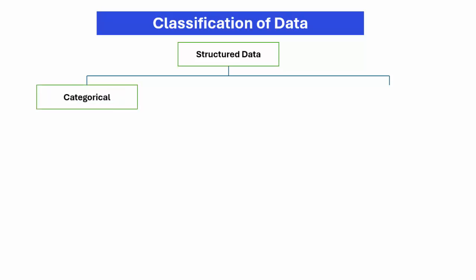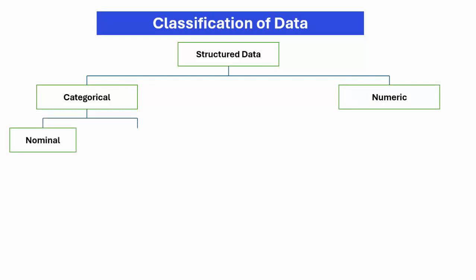Number one is categorical data, number two is numeric data. If I talk about the categorical data, again we have divided this in two parts. One is nominal data, second one is orderable data. We will try to understand what is nominal data and what is orderable data later, after completing this slide.